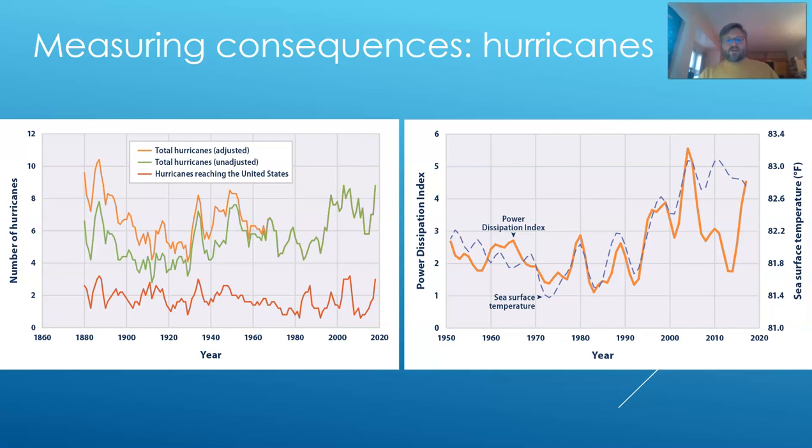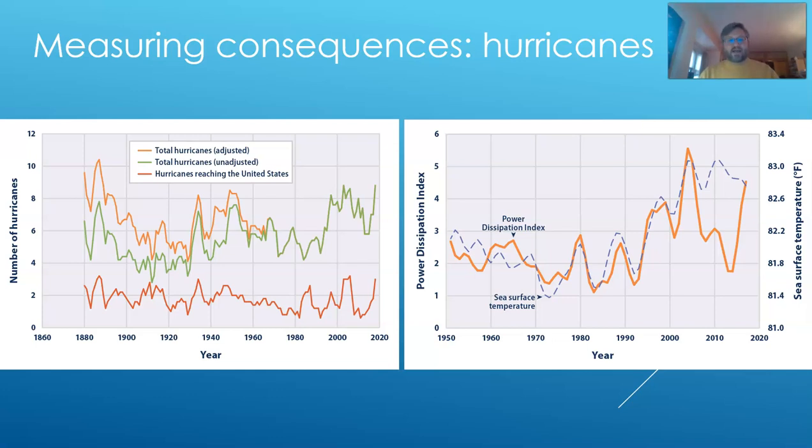There was nobody there to have noticed a hurricane if there was one. So we can take an educated guess at how many hurricanes might have gone unnoticed that year in order to sort out what was likely the total number of hurricanes, and to adjust for this incomplete observation that we may have. So that's why we have that adjusted line.